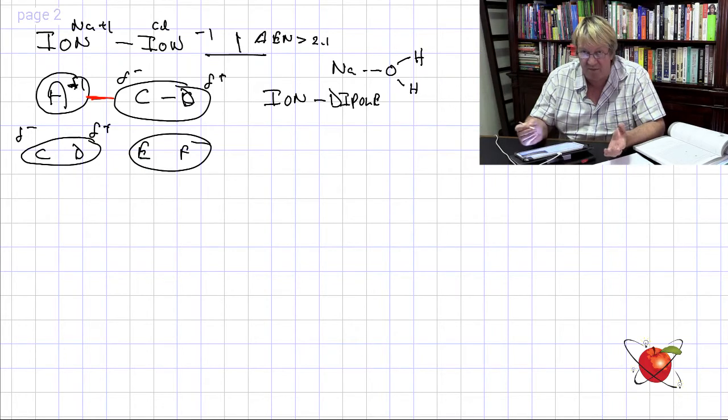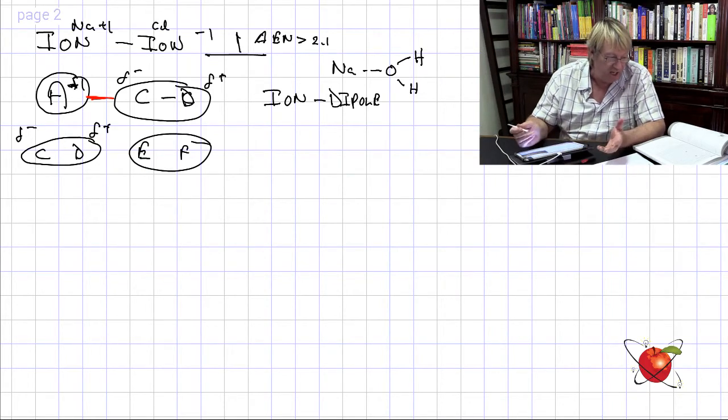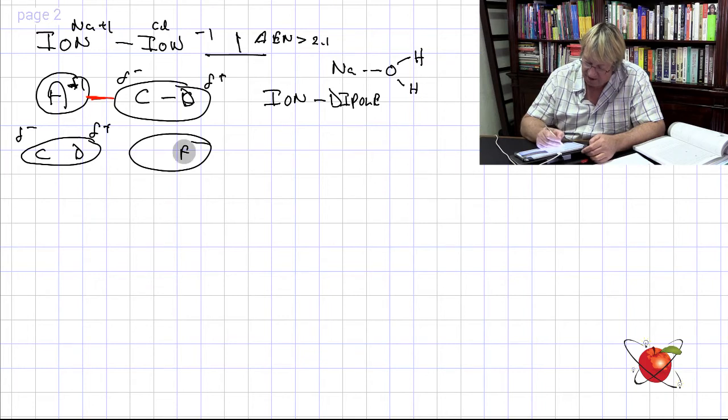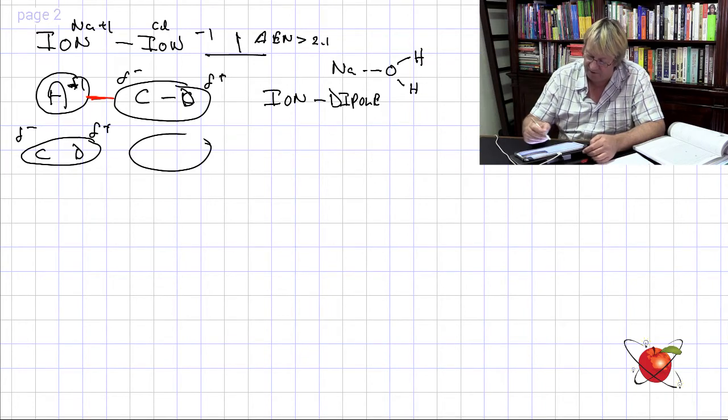Or the same dipole, CD. It doesn't have to be, it could be a different one. Let's make it the same dipole over here.